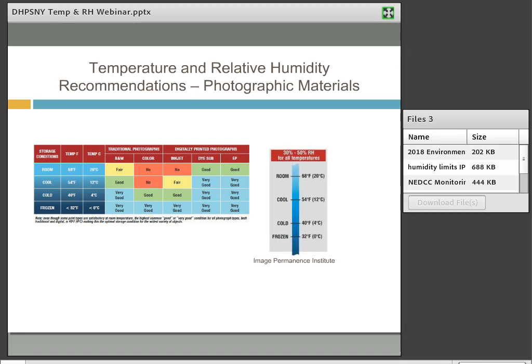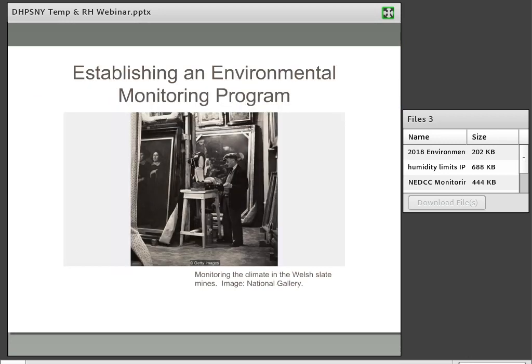Generally, film and photographic materials are more stable the colder the temperature is kept, which is why we often recommend cold or frozen storage for photographic materials. And again, the IPI Media Storage Quick Reference Guide is really helpful with this.